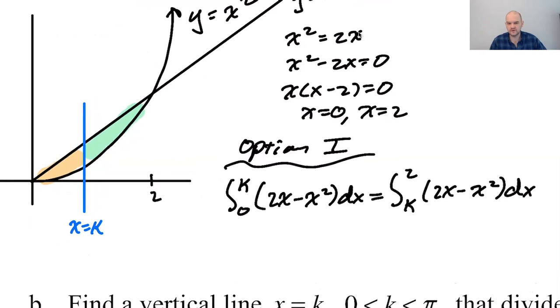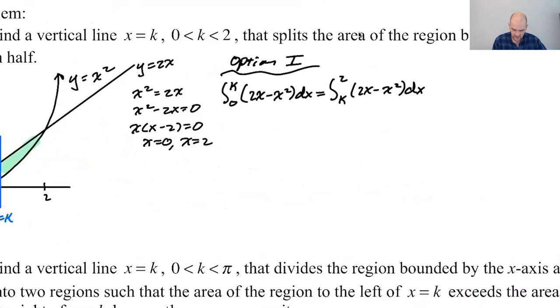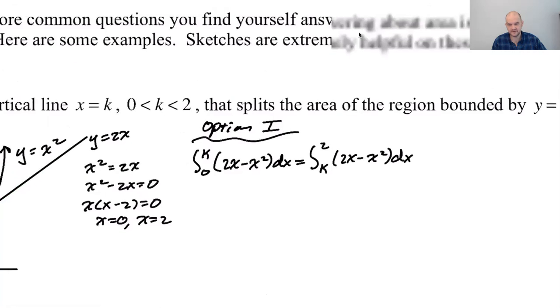That should totally work, right? Now the issue, it's not really an issue, but the pain in the neck is that k is a bound for both of them. So we're going to get an equation that has k on both sides and then we have to solve it. I'm going to do it, but I'd rather not.